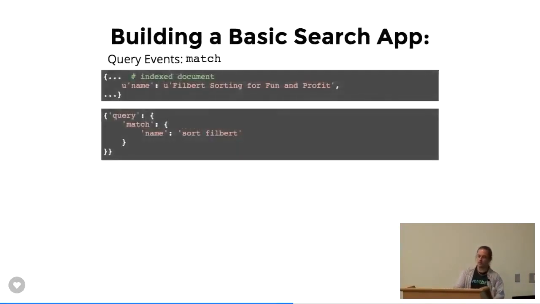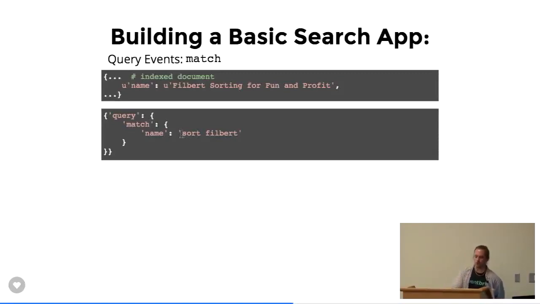But where it gets interesting and where you really get a benefit from a search engine is when you start incorporating this notion of, hey, this is not just a string, this is actually English text. And so if we have a sort of stupid document here, name equals Filbert sorting for fun and profit, then a query that is not of type term, but of type match, actually applies that special knowledge about this is English.